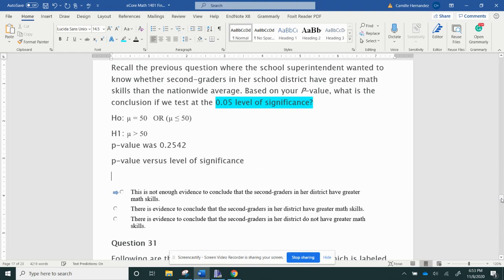Okay, all right, so 0.2542 is greater than 0.05, so we fail to reject the null, the H0. So I'm going to fail to reject, which means kind of like it means it's true. I mean, for this, we're going to say it means it's true.